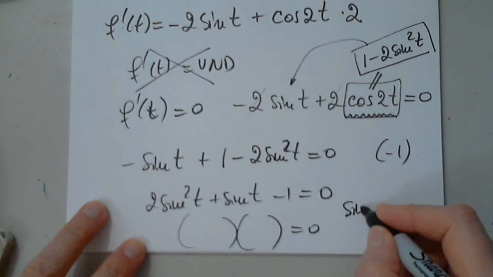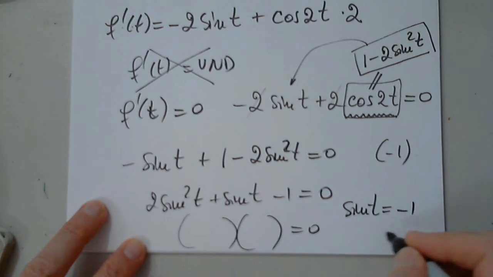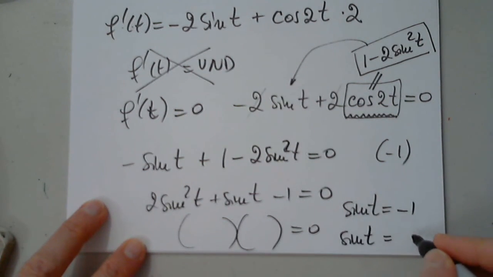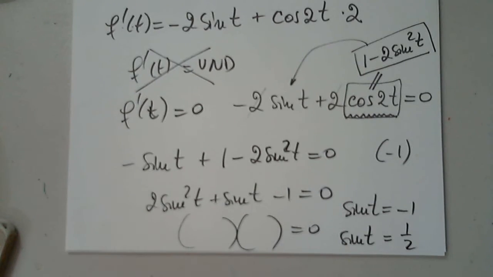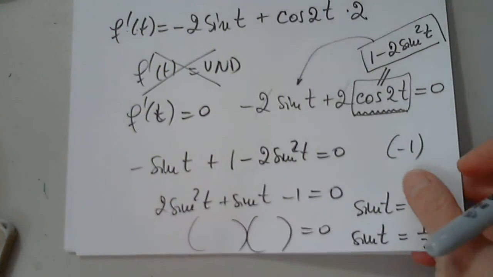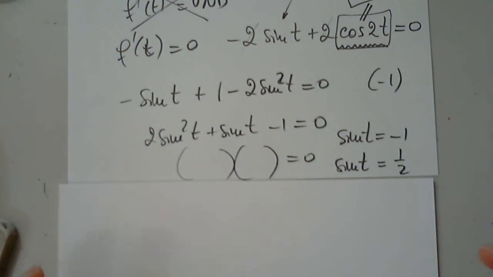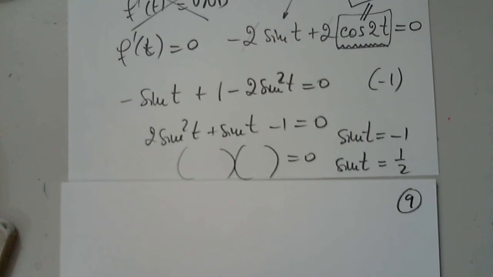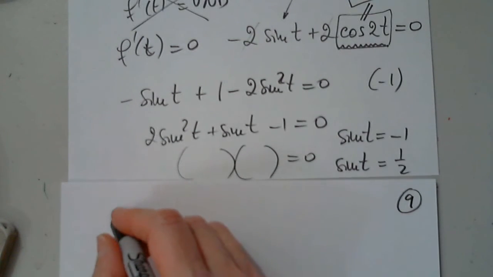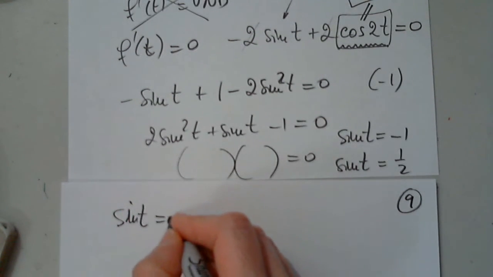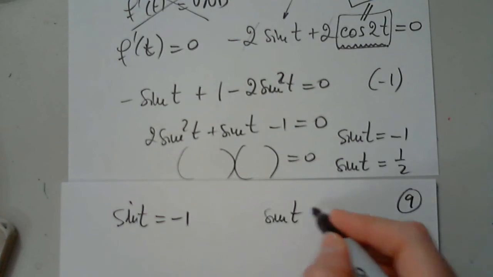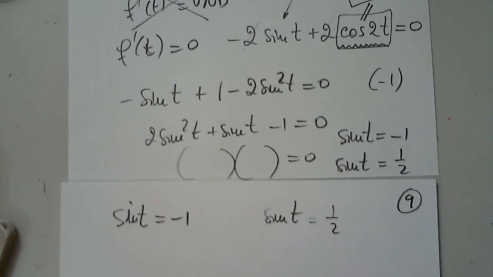So I know that sine t equals negative 1 and sine t equals 1/2. I'm fine if you just factor, it's easier to factor than plug it in, but it's fine. So let's solve now: sine t equals negative 1 and sine t equals 1/2.